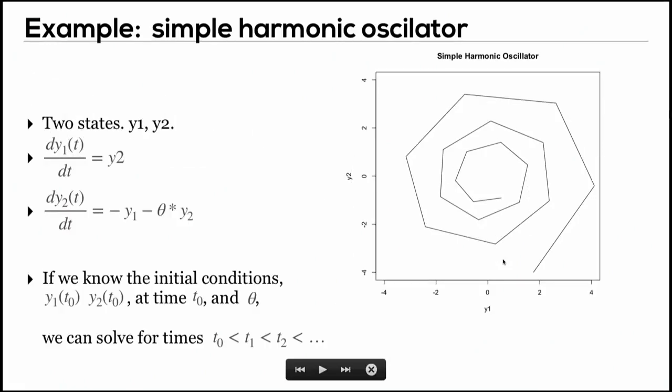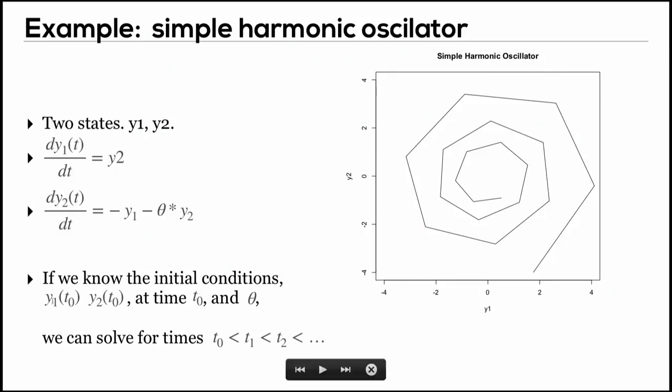Okay? And the differential equations here are the derivative with respect to time for the first component is y2, and the derivative with respect to the second component is minus y1, the distance away from 0, 0, minus theta times y2, where theta is some constant value.